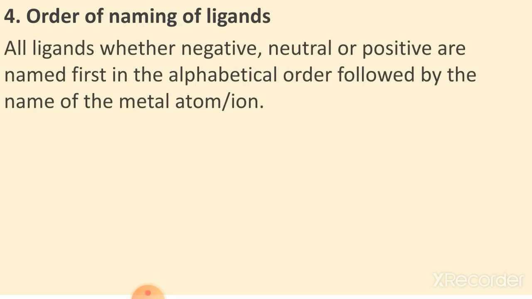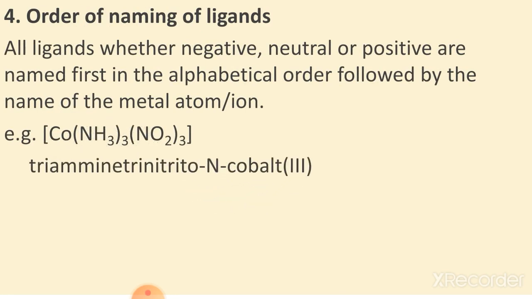So all the ligands, whether negative, neutral or positive, are named first in alphabetical order, followed by the name of the metal atom or ion. So look at the example, Co(NH3)3(NO2)3. If you have to write the name of this complex, first of all you have to find the charge on Co. By the oxidation number method, the charge on Co is x.